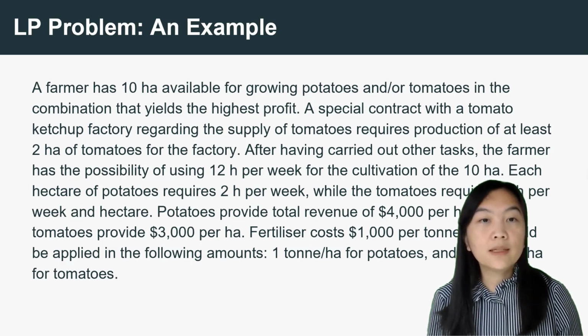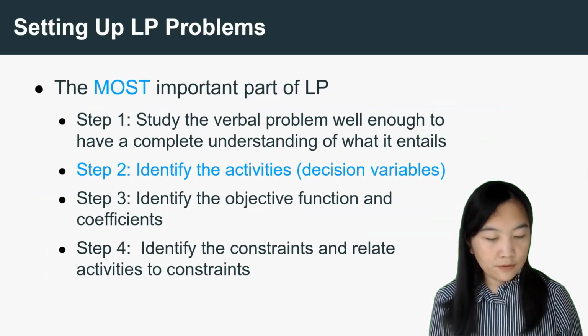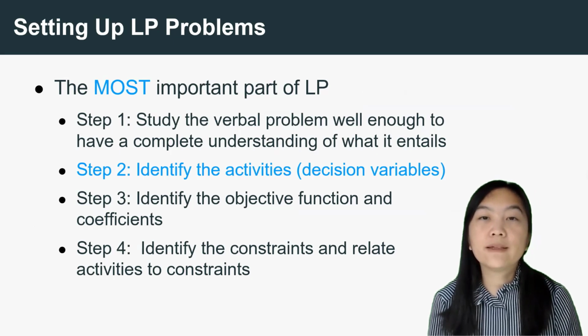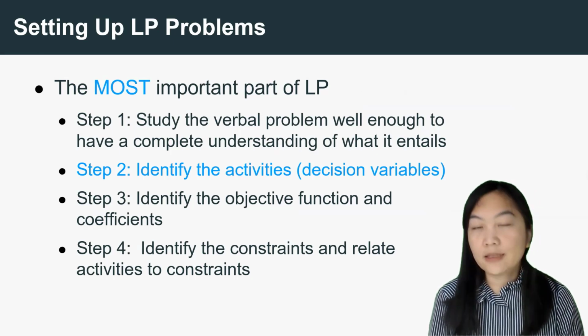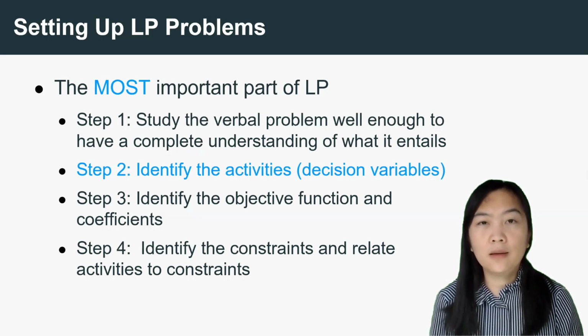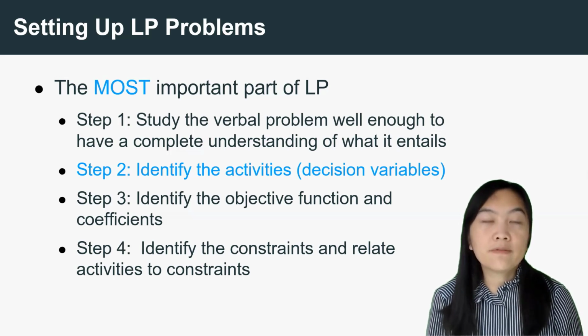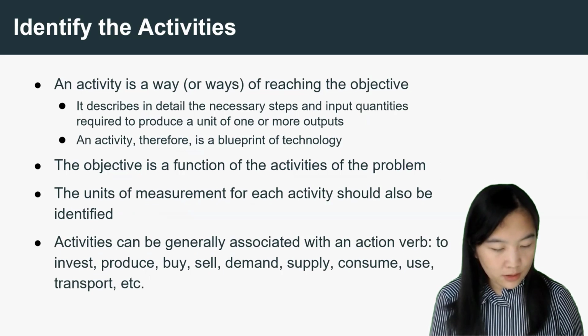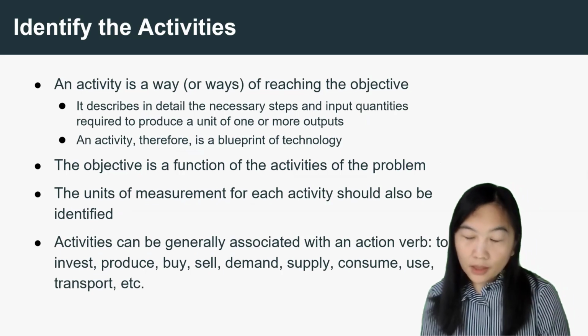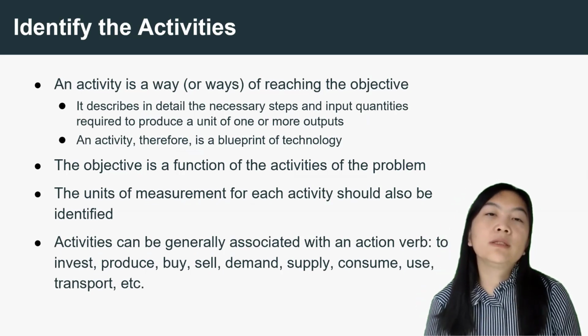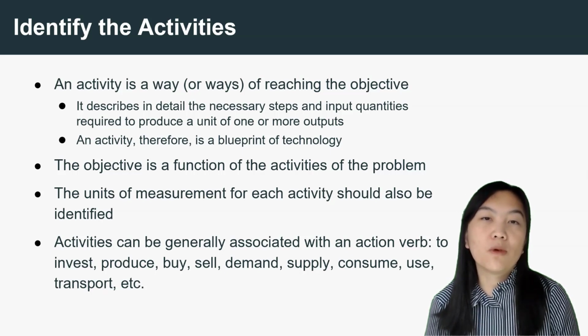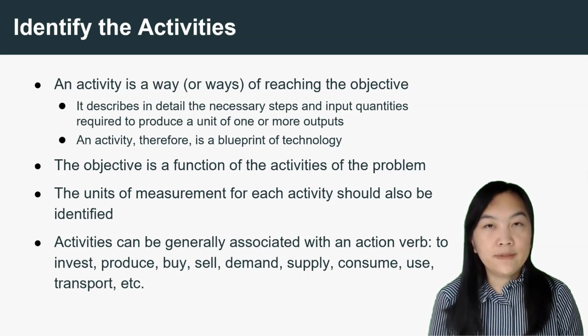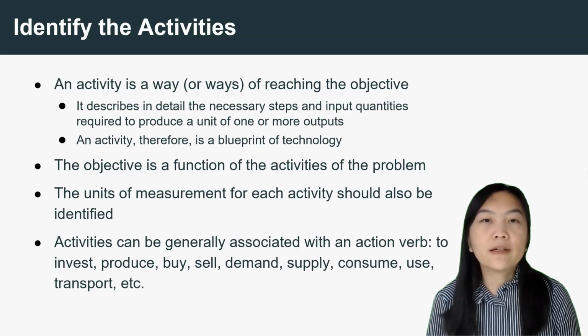The next objective is to identify the activities or the decision variables that are embedded in the verbal problem. Let's have a more detailed definition of what an activity is so that you have a better idea.